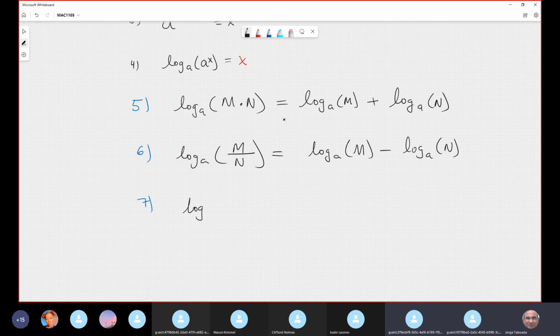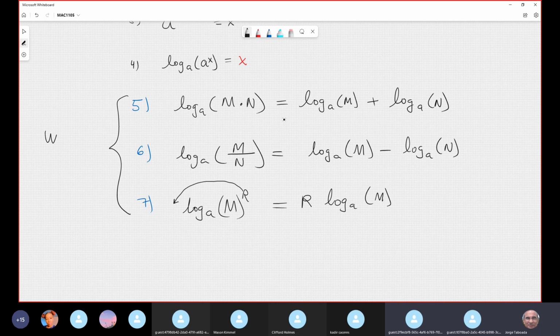And when you have the logarithm of any base of one expression, I call it M again, but with an exponent r, that exponent goes to the front as a factor like that. r log a M. And this is magic. Why? Because it converts an exponential equation to a linear equation when you move this guy to the front. Those are 5, 6, and 7 we are using every day.